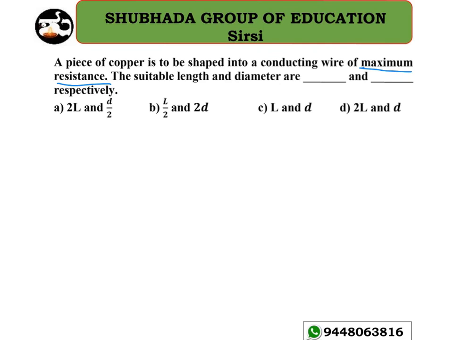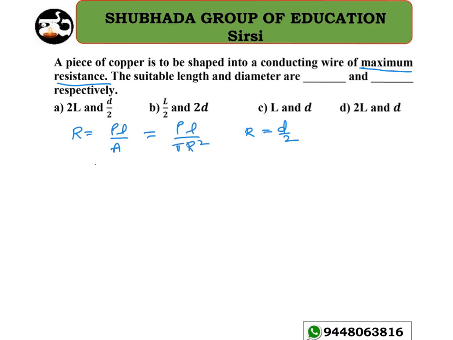We have studied that resistance R is equal to rho into L divided by A, where A is the cross sectional area. That is pi into r square. As you know, the radius is half of the diameter, correct?